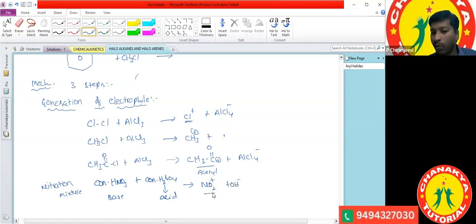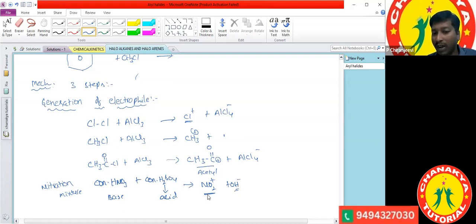The substance which releases OH minus ions is called a base. That's why nitric acid acts as a base and sulfuric acid acts as an acid.